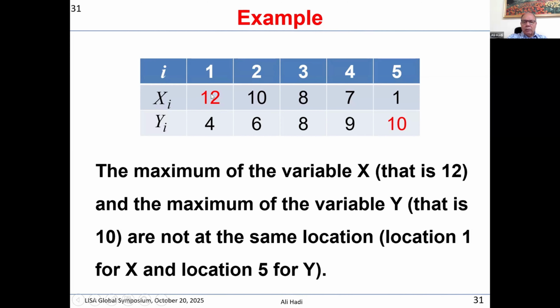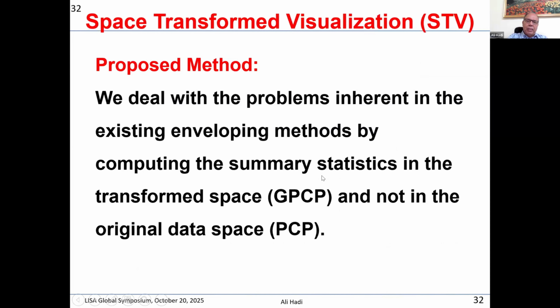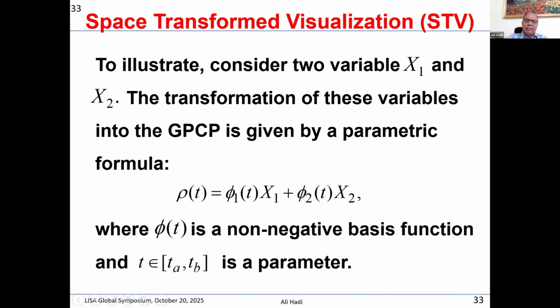So the minimum here corresponds to the maximum here, and the maximum corresponds to the minimum. So the geometry is not maintained. So what we are going to propose here is that we compute the summary statistics after we do the transformation, not before, because if we do that, then we keep the geometry.